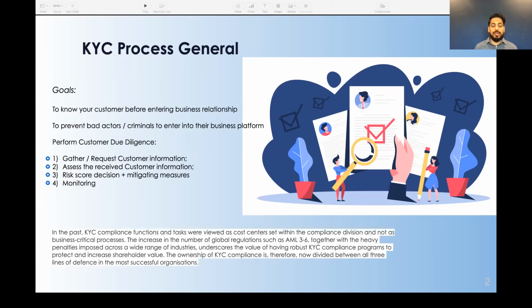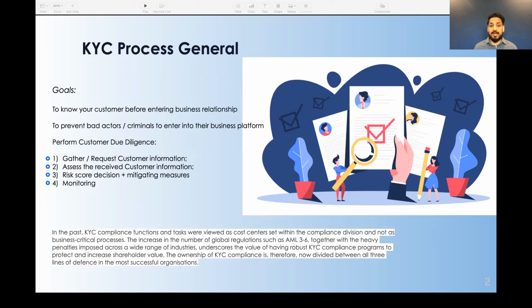So in the know your customer process, the first step is gathering and requesting customer information. If you have an individual, you want to know who this person is, so you will ask for their ID or passport, and verify it so that you know this individual is indeed the person he says he is.